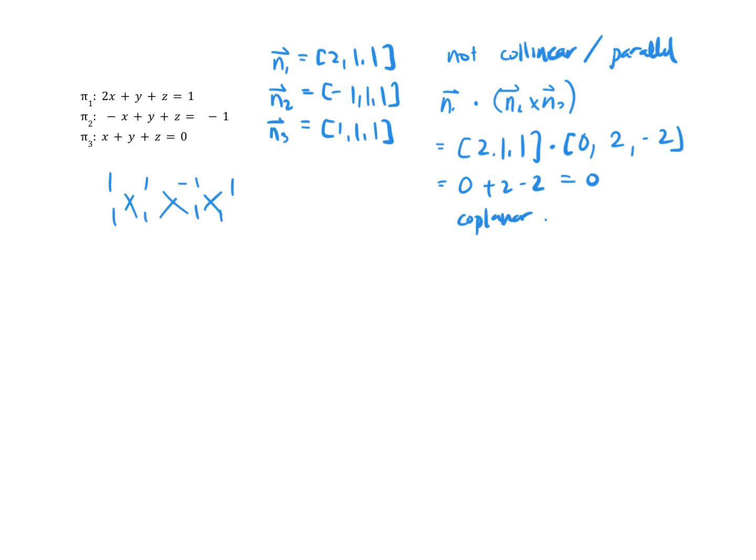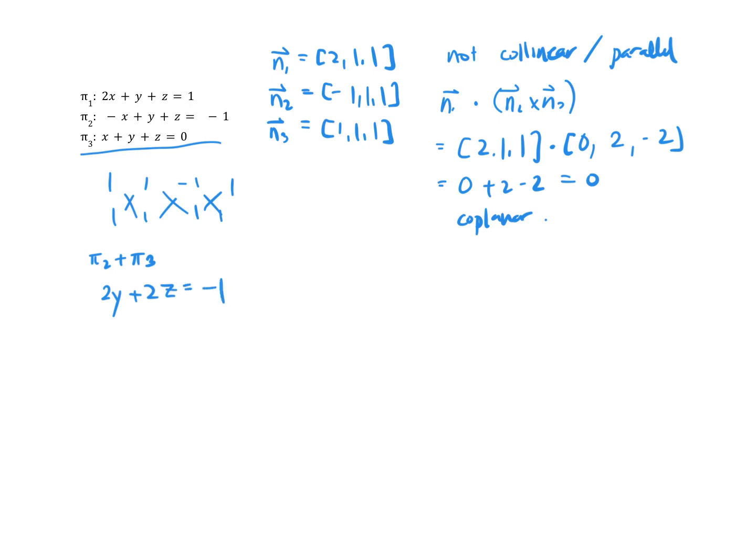We're going to start this off with regular elimination, and I'm going to eliminate the x's. So I'll start off by adding plane 2 and plane 3. And they're already nicely lined up here, so I'm just going to add them from there. Negative x plus x is 0, y plus y is 2y, z plus z is 2z, negative 1 plus 0 is negative 1.